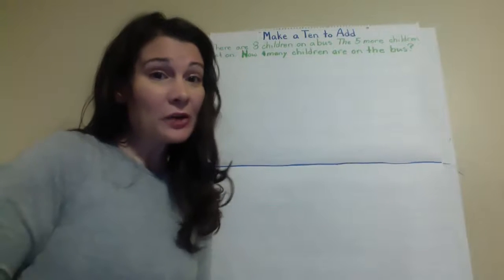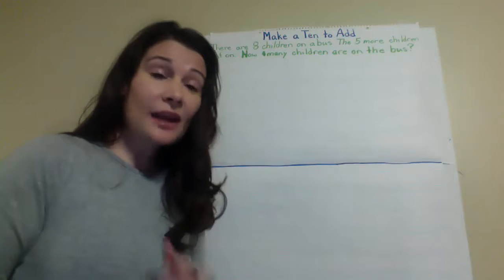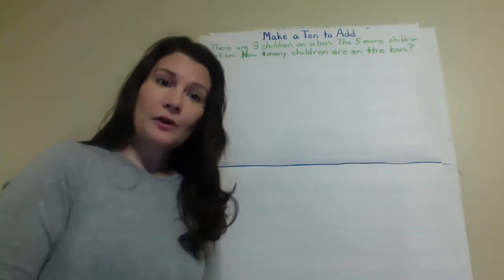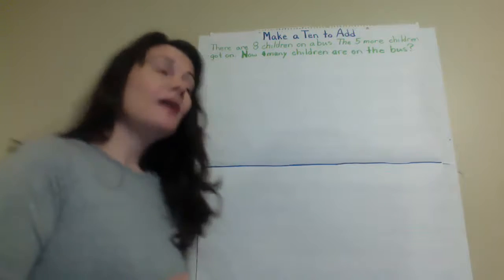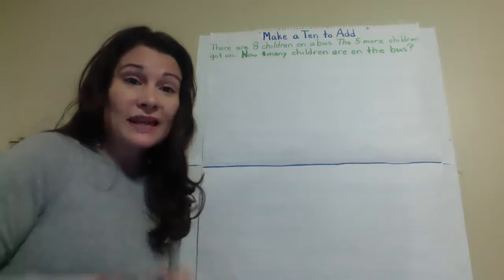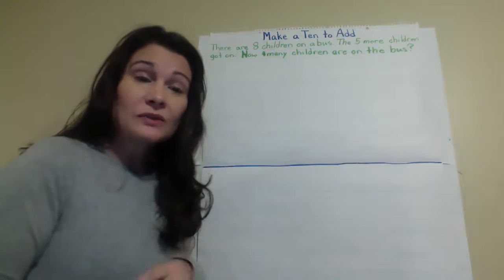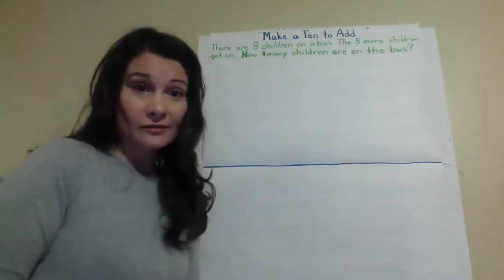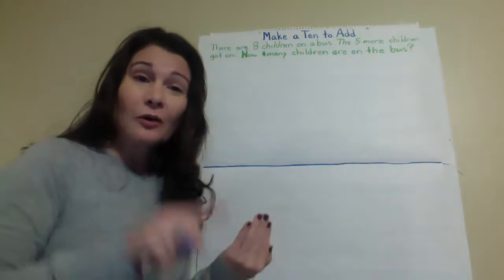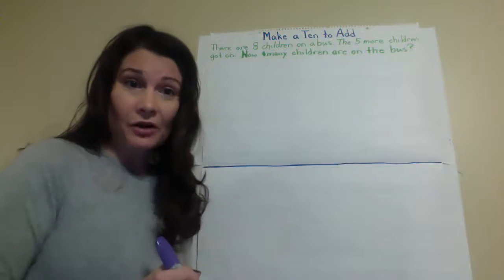I saw some great thinking happening and several different models that you used. Let's go over a few of those that I saw. I saw someone use counters, and they used their counting on strategy. Remember, that's when you start with the number you know and count on to find out how many in all.